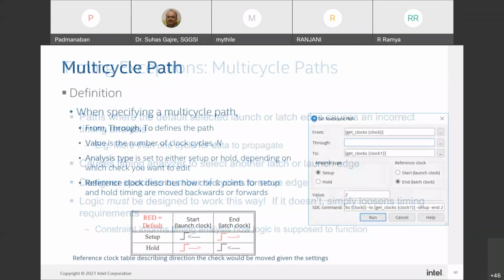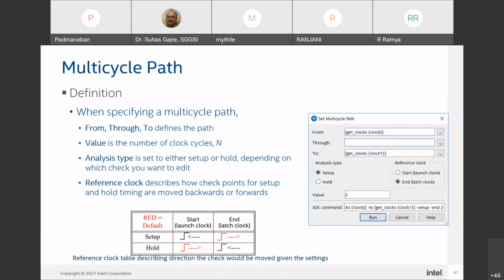Right. Now, how do we apply that? When you say we have to specify a multi-cycle path, for example, you could see we have the clock, which is the launch clock, and then you can see clock 1, which is the capture clock. From the launch to capture, we are providing 2 clock periods. You can see that the value is 2. So it takes 2 clock periods to transfer the data from the clock to clock 1.